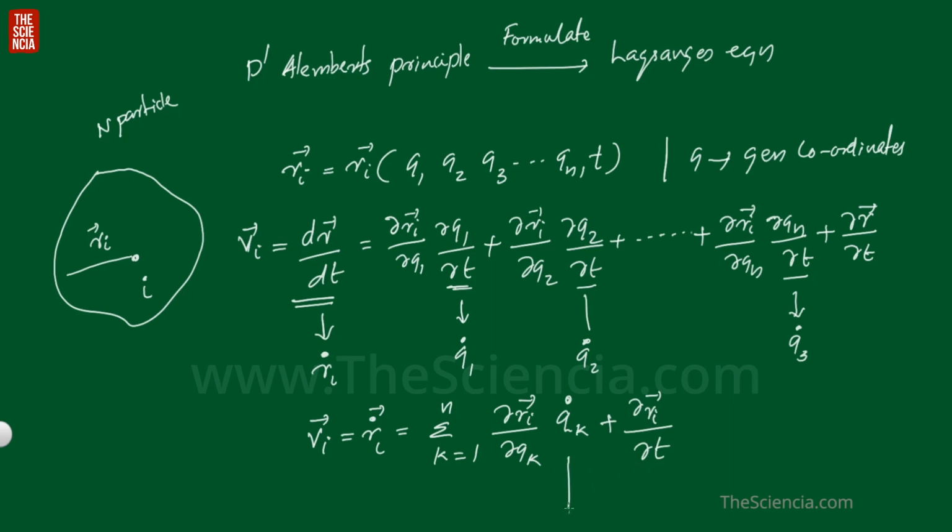Here this qk dot is called the generalized velocity. That is, the time derivative of a generalized coordinate is called the generalized velocity.